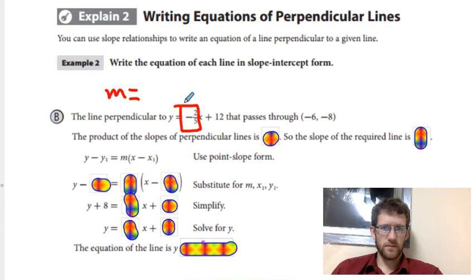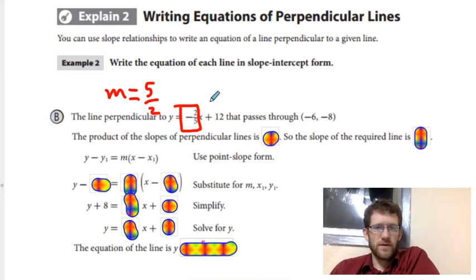Oops, sorry. It's going to be 5 over 2, a positive 5 over 2, right? Because it's the opposite value.